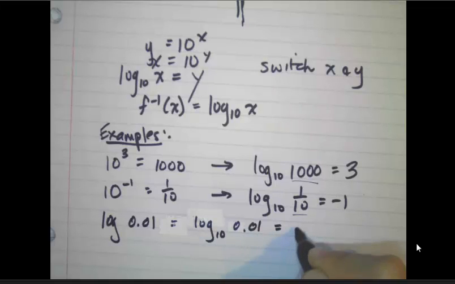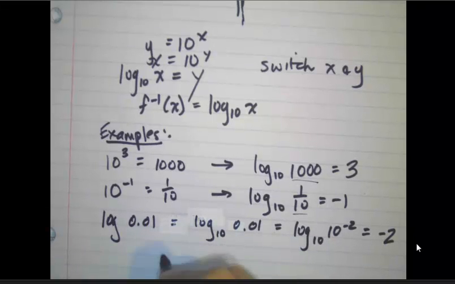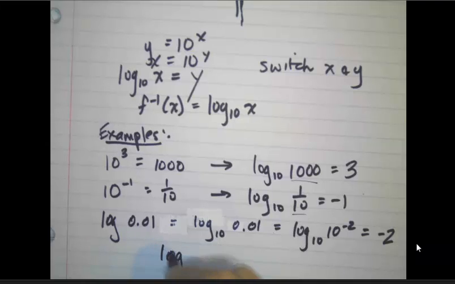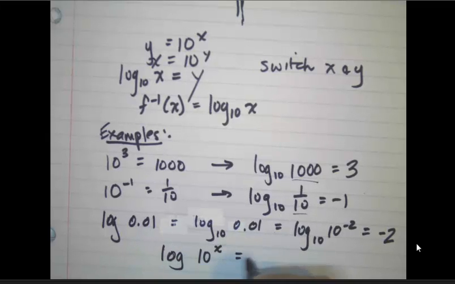And 0.01 we can write as 10 to the -2, and therefore the answer here would be -2, because 10 to the -2 is 0.01. We can generalize and say that if we have log of 10 to a power x, then we're assuming that this is base 10, and so this would simply be the exponent x.